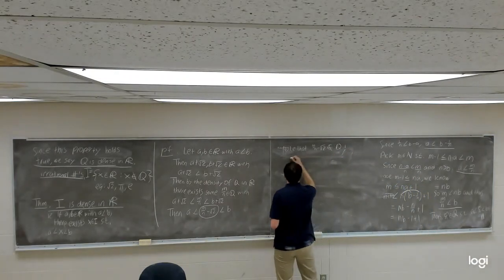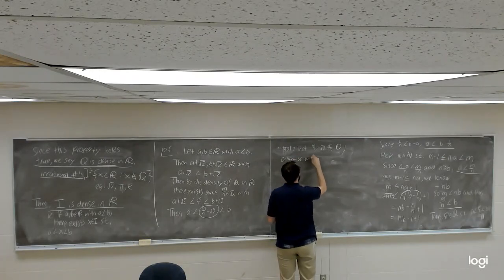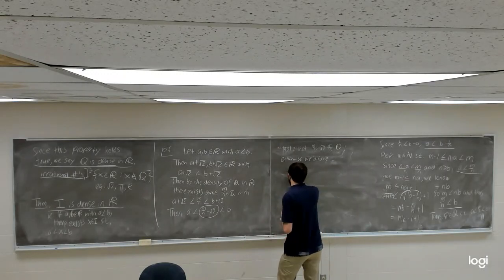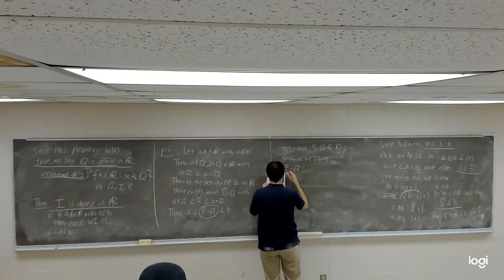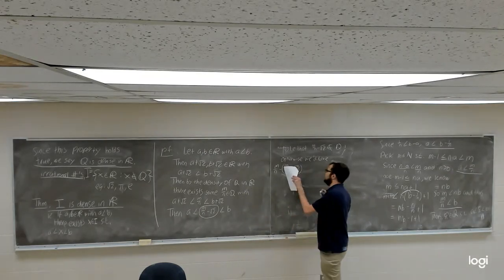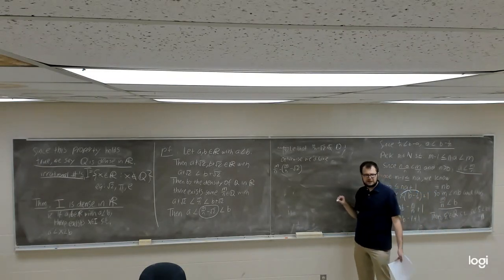Because otherwise, if we take m over n and subtract off m over n minus root 2, what are we going to get?